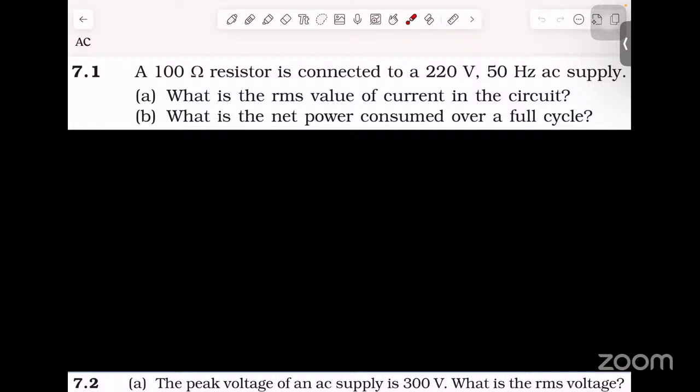Today we are taking up the chapter Alternating Current, chapter number 7. As you know, NCERT forms the basis for your CBSE Class 12 board examinations as well as for your NEET UG preparation. This chapter is also important for JEE Mains and Advanced preparation.